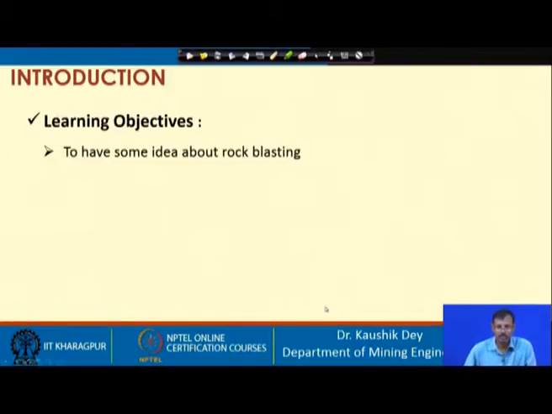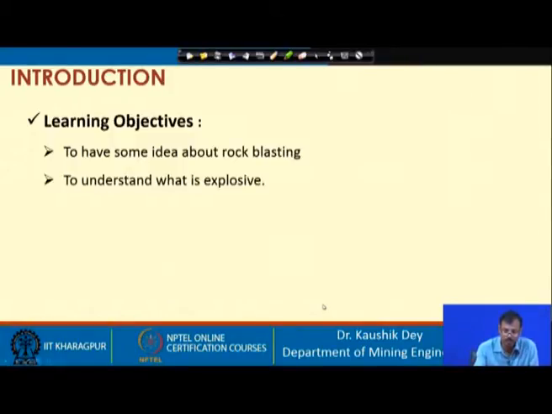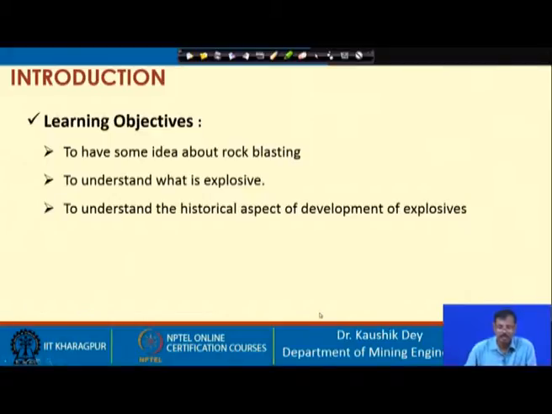In this lecture, we have to gather some idea about rock blasting, because we have seen in the video that the explosives are placed inside the rock, and by the release of energy from that explosive we are able to blast the rock. In this class, we will also understand what is explosive, and the historical aspect of the development of explosives.